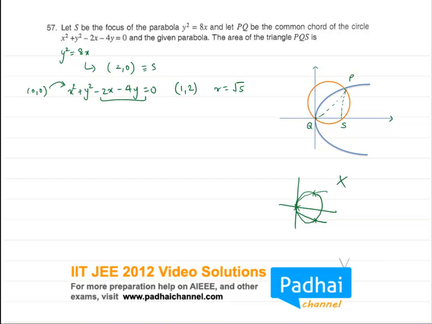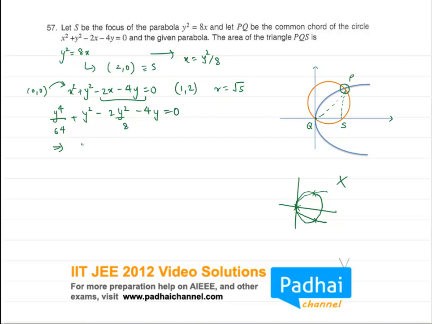We need to first find the intersection point P, which can be easily done if I say from this equation that x is equal to y square by 8. If I put x equal to y square by 8 in this expression, this will become y raised to power 4 by 64 plus y square minus 2 times y square by 8 minus 4y equal to 0.